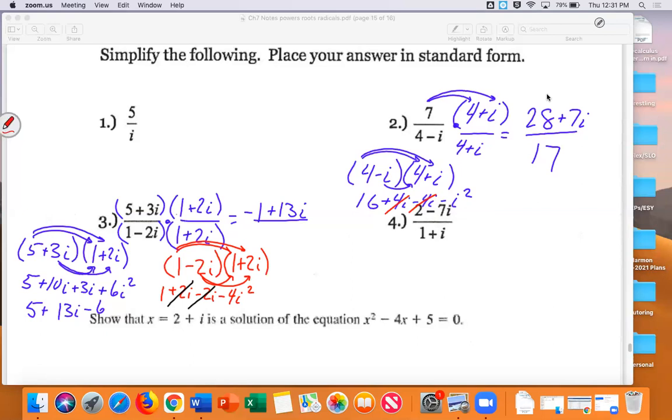So I have 1. And then i squared is -1. So we're going to have 1 minus 4 times -1. Well, -4 times -1 is +4. So we simply get -1 plus 13i over 5.